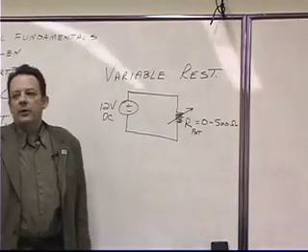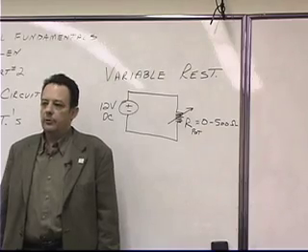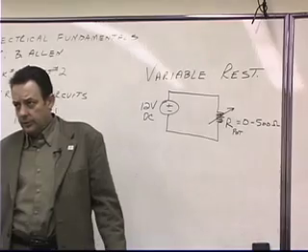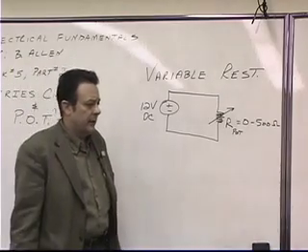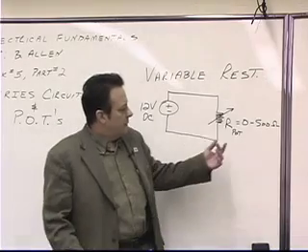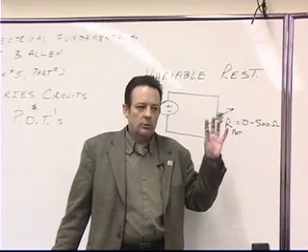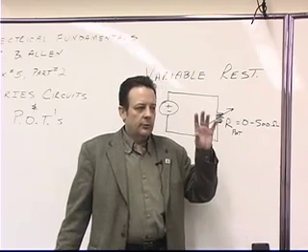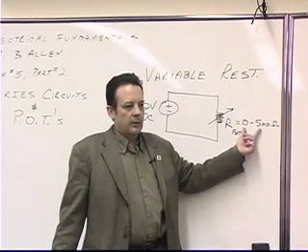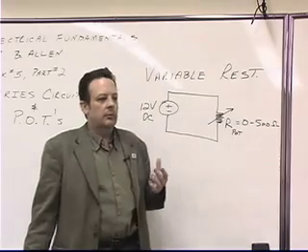They make them in all sizes that you can imagine. 0 to 1,000, 0 to 50,000, 0 to 1,000,000, 0 to 20 million, 0 to just about any value that you want. And the nice thing is that if you're looking for a lot of control over your variable resistor, then you want to have the spread between its minimum and its maximum value be a minimum.